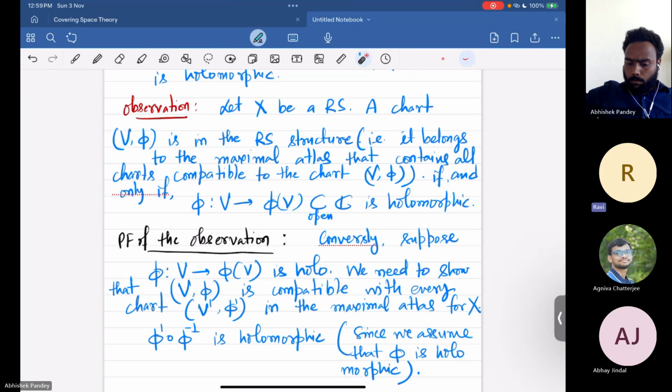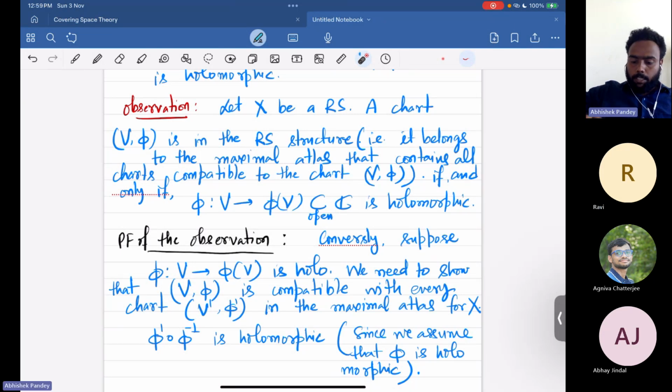I'm saying we have a Riemann surface with some atlas. Now you're defining this phi from V to phi V. So this V has an atlas which is the restriction of the given atlas of X, or some different atlas?